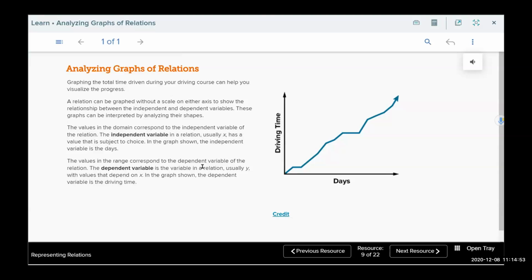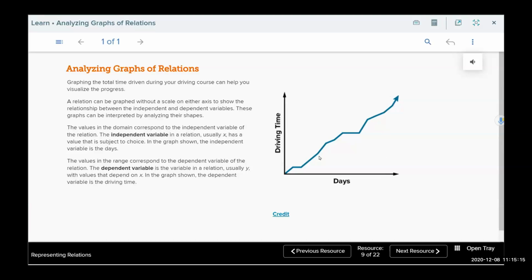But then your dependent variable, which is usually y, it's dependent on your x variable. So how much time we've driven is dependent on how many days we're talking about. At day 0, we hadn't driven any, but by day 10, we've driven a whole bunch over here. You see the driving time's gone up and up and up.